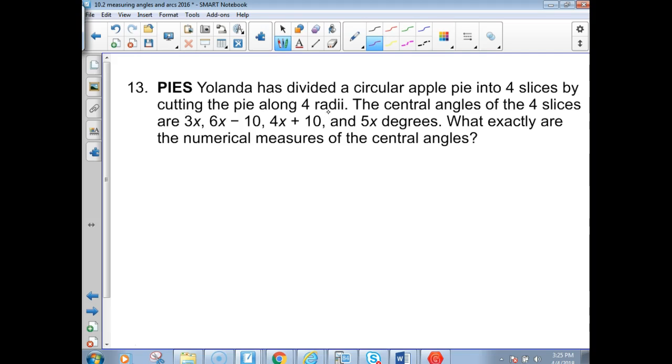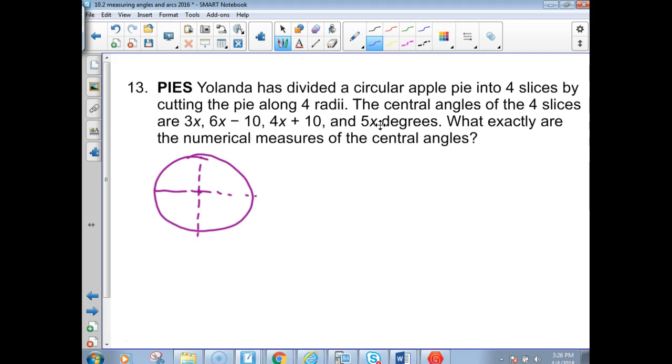She cuts it with 4 radii. Normally, if you wanted to cut it evenly, wouldn't you probably go down that way and then that way? Well, look, Yolanda didn't do that. So if you were sharing pizza or pie with her, you might not be happy, or you might like it better because you got the big one. Let's find out how big these are.